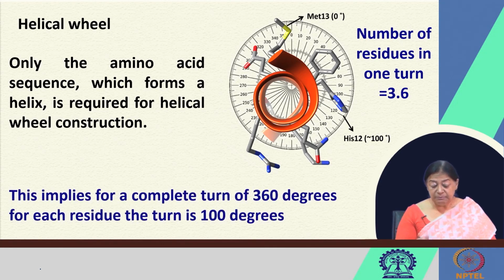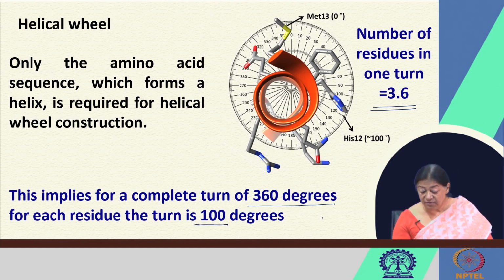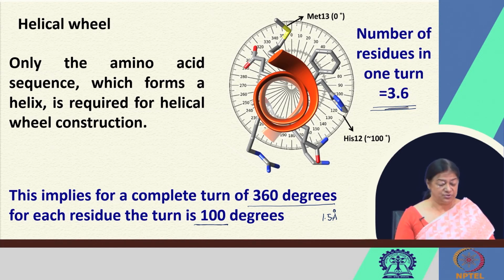So for a complete turn of 360 degrees, given that we need 3.6 residues, for each residue the turn is 100 degrees and the rise is 1.5 angstroms. When we multiply by 3.6, that gives us the pitch equal to 5.4 angstroms.